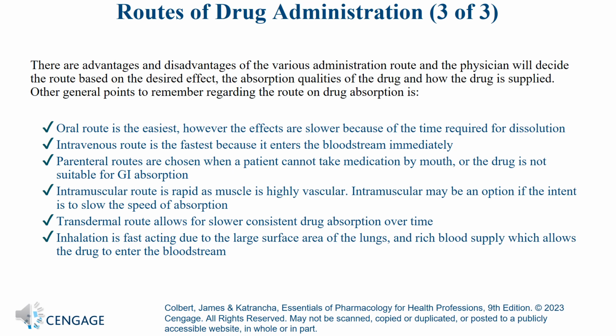Your intramuscular route is rapid as muscle is highly vascular. Intramuscular may be an option if the intent is to slow the speed of the absorption. Your transdermal route allows for slower, consistent drug absorption over time. Inhalation is fast acting due to the large surface area of the lungs and rich blood supply, which allows the drug to enter the bloodstream.